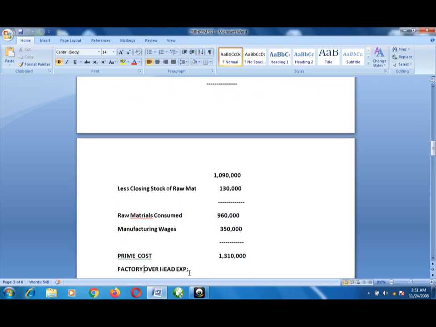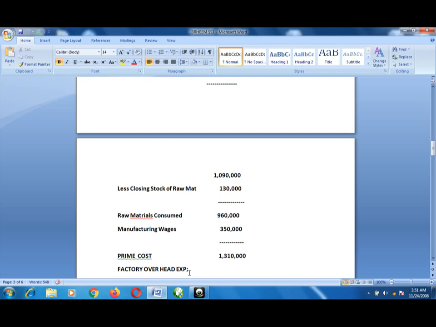And the next one, after you minus the closing stock of raw materials, you have the raw material consumed. Raw material consumed, you have 960,000, and you are given direct expenses. Remember, if you are given the royalty, it must be immediately under the material consumed, or if you are given the manufacturing wages, it must be under this material consumed.